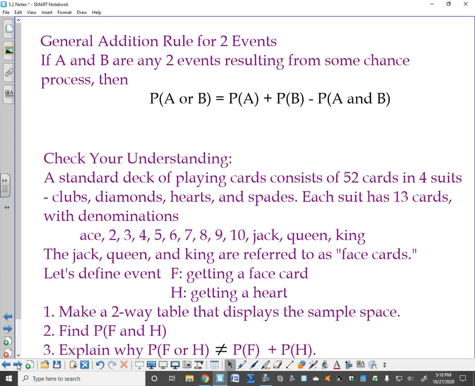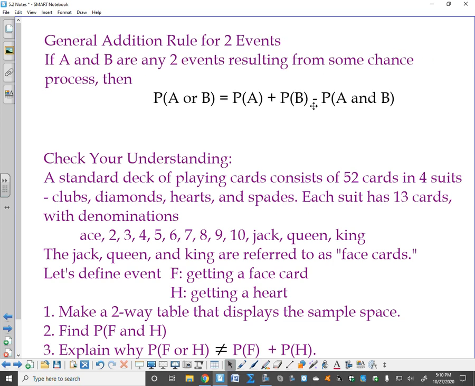Pause for just a second. What if events A and B are mutually exclusive? That was not the case for the males and the piercings, because there were 19 of them that had both. But if events A and B were mutually exclusive, then this would be a 0.